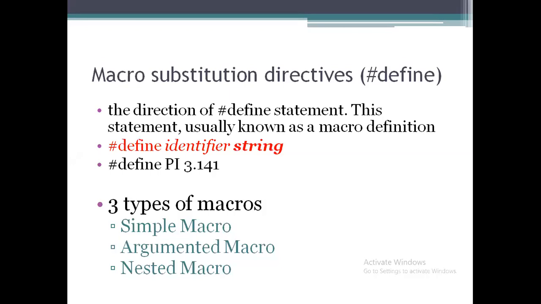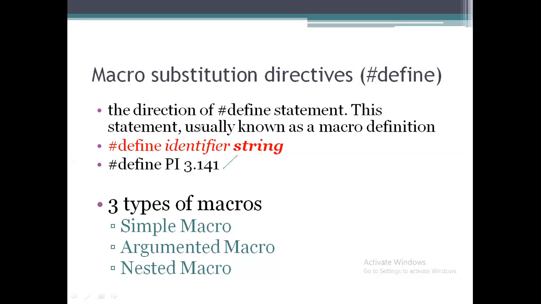How can we represent it? Hash define PI 3.141. We can define a constant in the definition section. In the rest of the program, we can use the PI value as 3.141, which is unchanged during program execution.